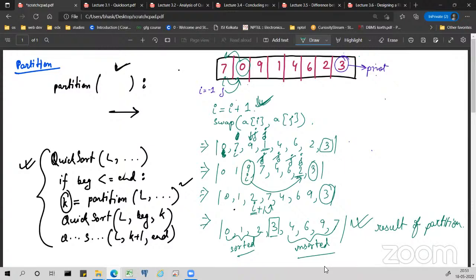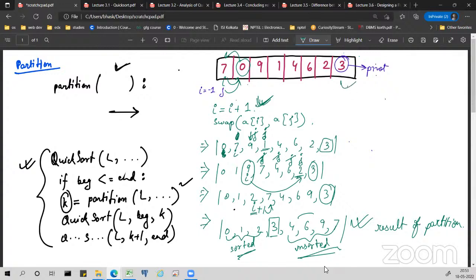But one thing is very important, none of the elements on the right hand side is lesser than 3, which is the pivot, and none of the elements on the left hand side is greater than 3, which is the pivot. Right? So that was the idea. You may get sorted or you may get unsorted values, but one thing is for sure, that all values which are greater than 3 would be on the right hand side, and all values which are lesser than 3 would be on the left hand side.